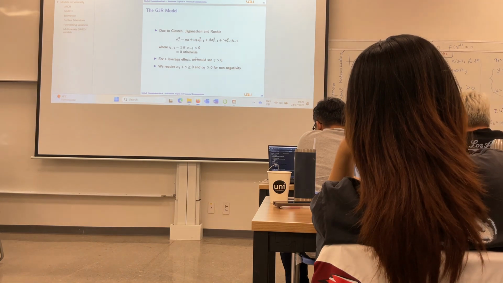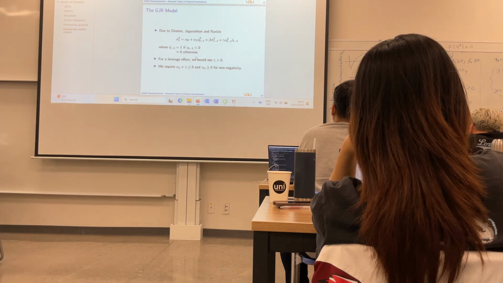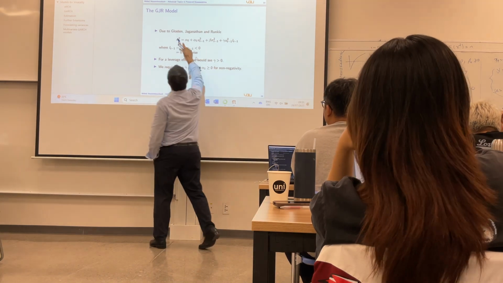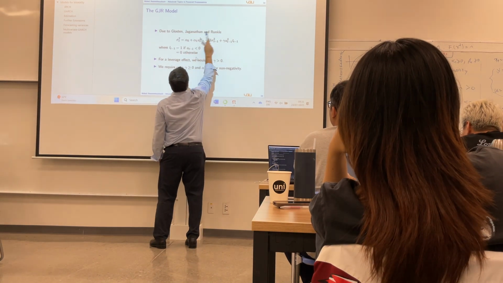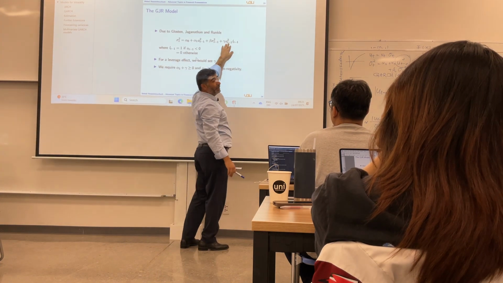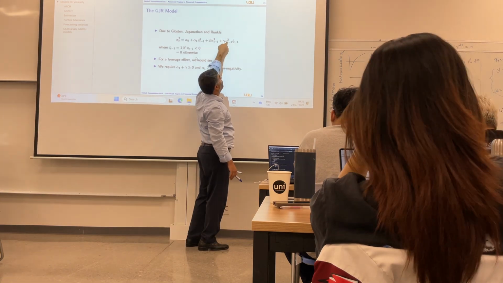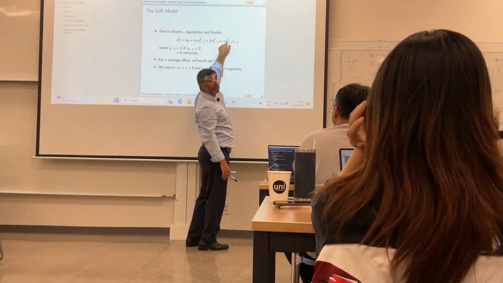Well, it's still in the framework of GARCH, alright? But what these three guys did, the model is called GJR for their names, then you have the GARCH plus a little bit which depends on whether u is negative or positive.